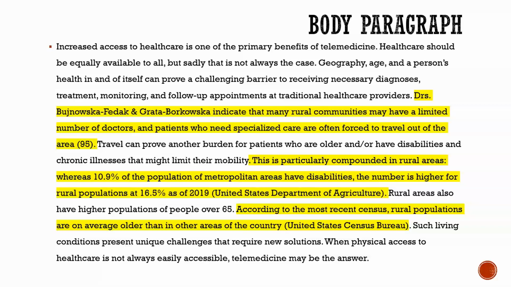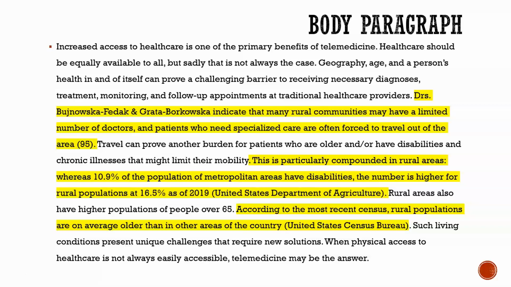So if it's because of a disability, we see that the numbers show that more people with disabilities live in rural areas rather than metropolitan ones. I also found that rural areas have higher populations of people over 65. According to the most recent census data, rural populations are on average older than in other areas of the country.